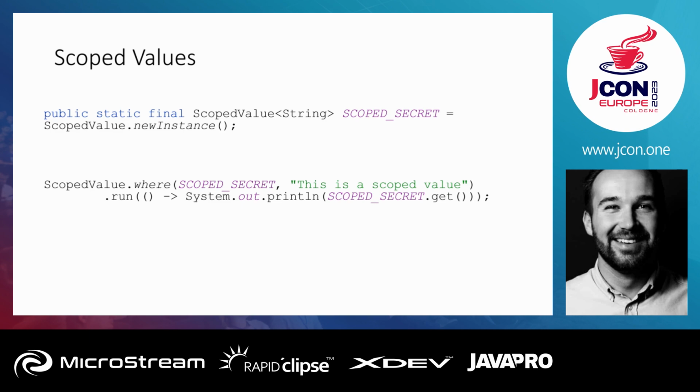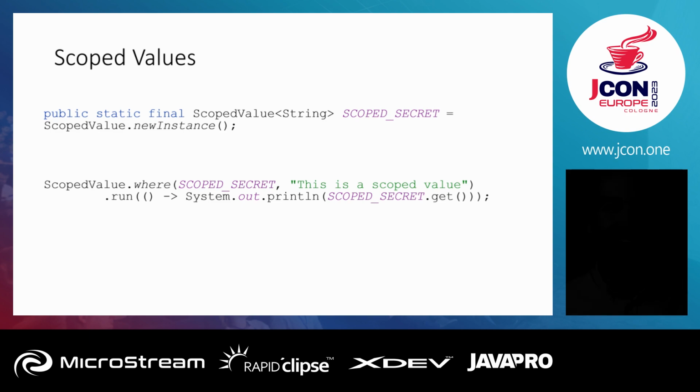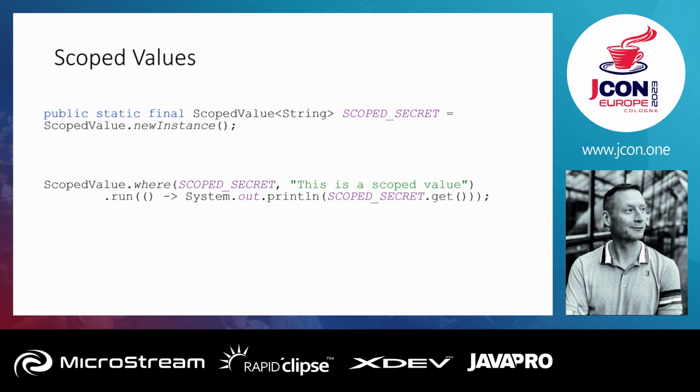And the next thing I'm doing is calling the run method. And that run method is executing a runnable. By the way, there's also a method for the callable, a call interface. And this scoped value, scoped secret, is only valid within the context of that method. As soon as the runnable here finishes, its values are gone.